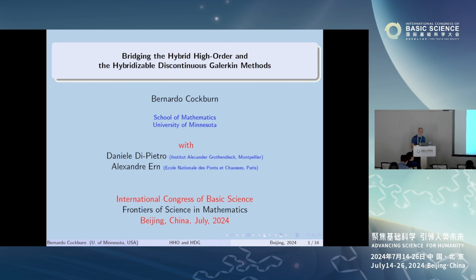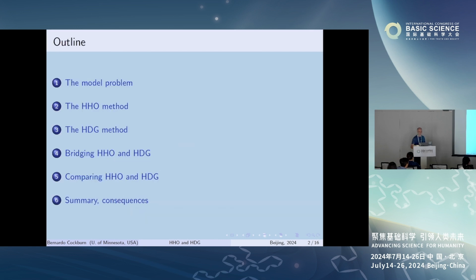I was working on hybridizable discontinuous Galerkin methods. They were working on the hybrid high order methods, and then we got together and showed the relations between these two methods. So that's what I plan to show you, how to do that.